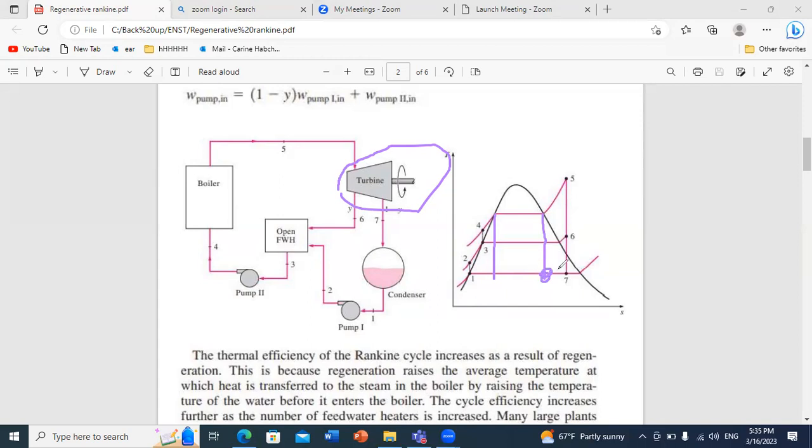Yeah, the quality should be high. Exactly, the quality should be high, and if possible, if we can reach 100%, it is much better. So this is one advantage of the Carnot cycle. Plus, also for the pump, it's also recommended to have complete liquid. If we have vapor, this will also be harmful for the pump. That's why we come up with a new cycle.